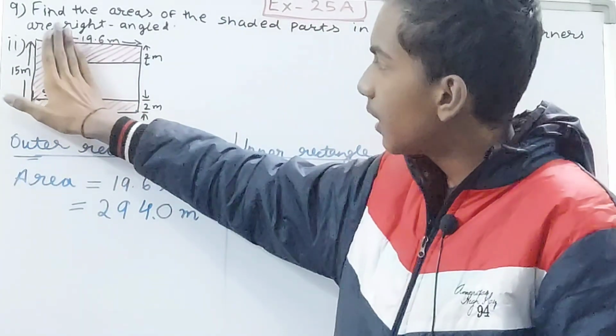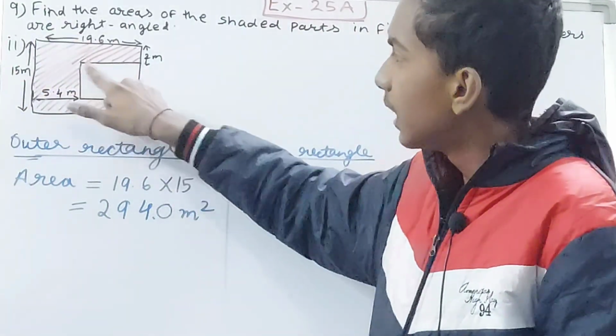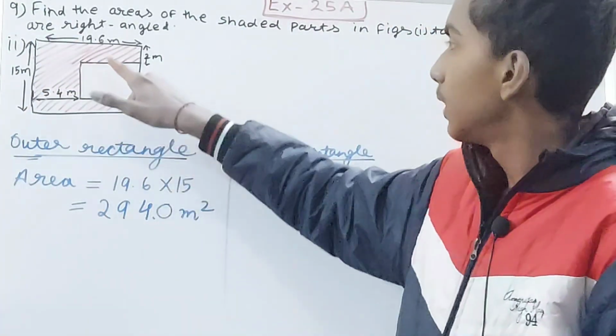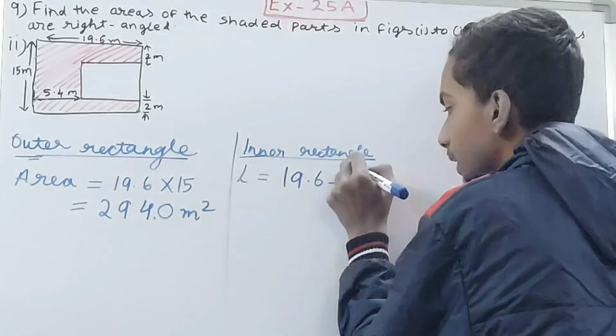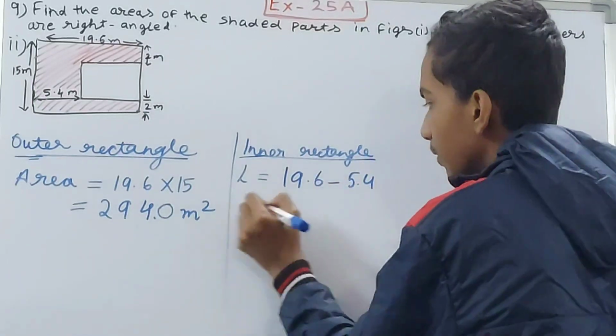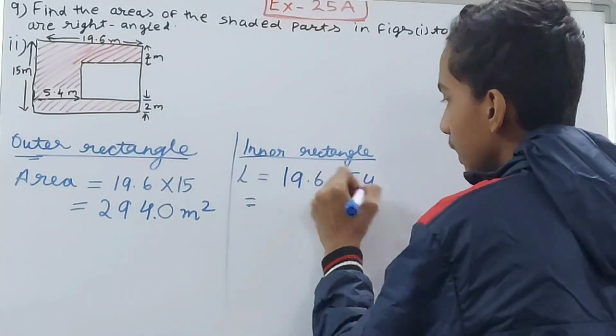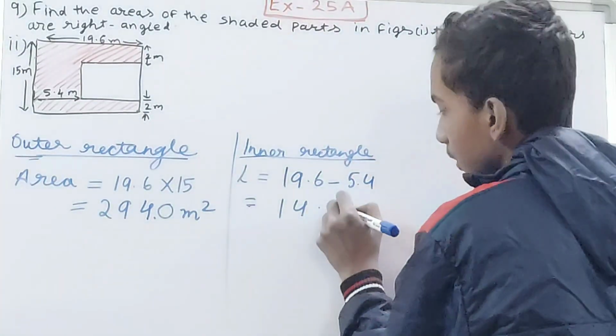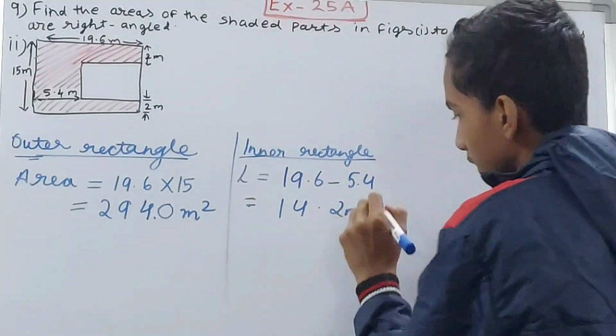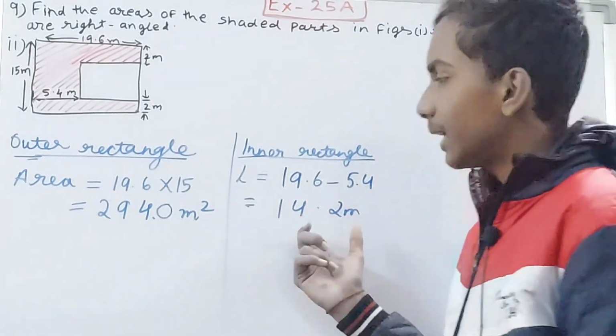So if I take away this 5.4, what I am left with is the length of the inner rectangle. That's why I will subtract 5.4 from 19.6. So you get 14.2 meters, that's the length.